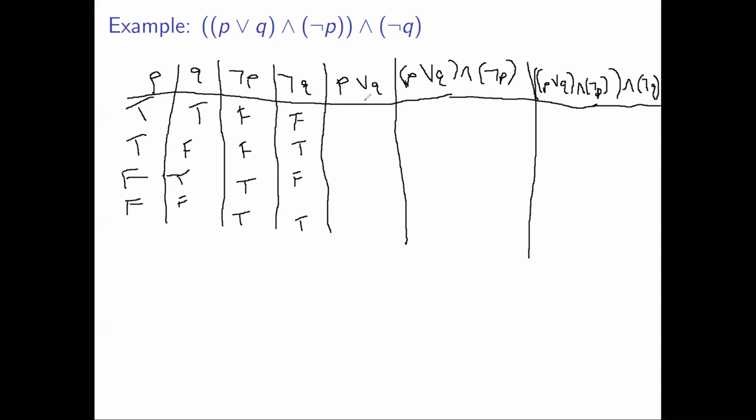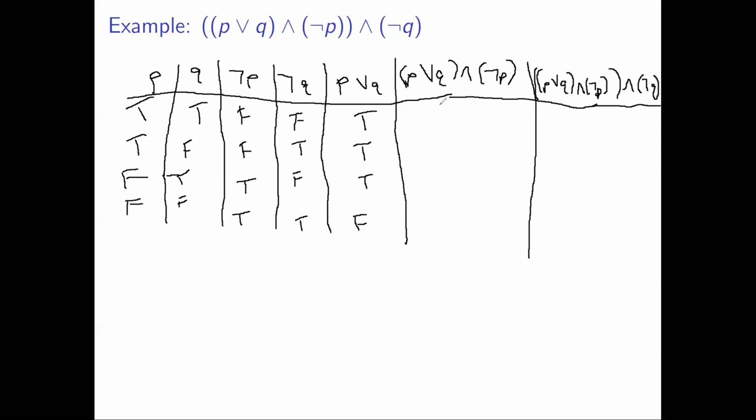And then our disjunction here, P or Q, it's true here, true here, true here, and false there. The only row where it's false is the row where both disjuncts are false. All the other rows, at least one of the disjuncts is true. At least one of P or Q is true in all the top three rows.